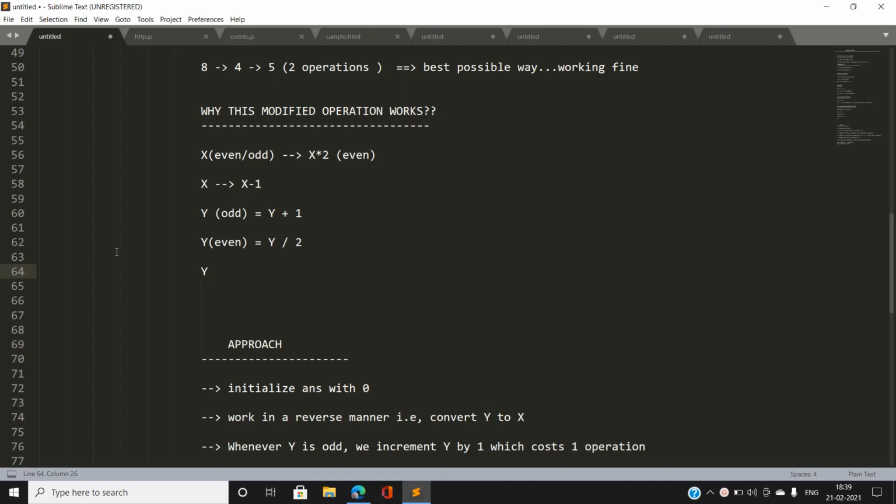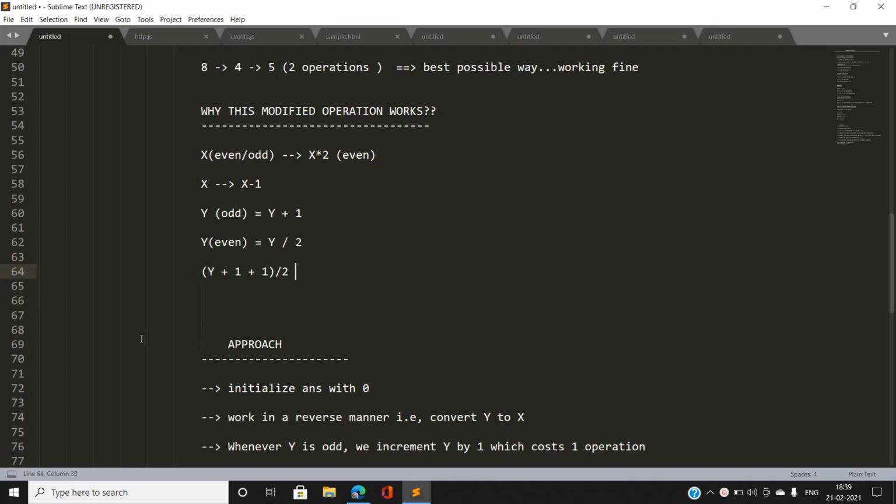Let me add 1 to this, and if we add 1 to this, y plus 1 is going to be odd, and if y plus 1 is going to be odd, note that I am going to do again one increment operation. Okay, now again these y plus 1 and again plus 1 cost me 2 operations, and suppose I am going to divide this by 2.